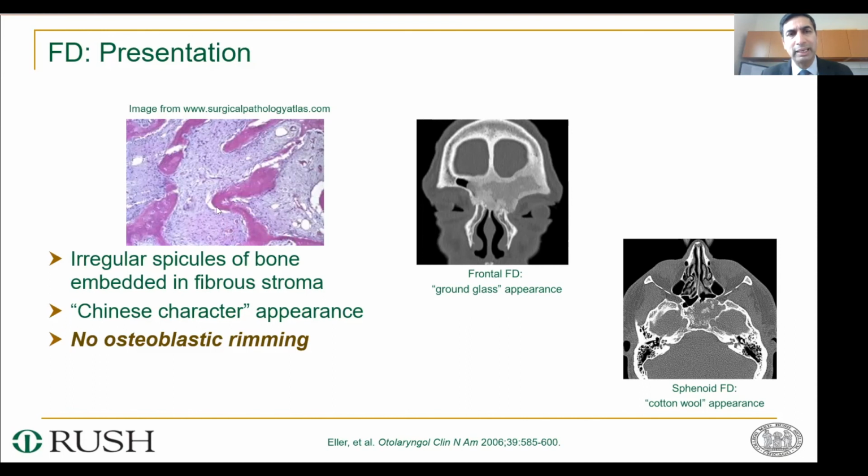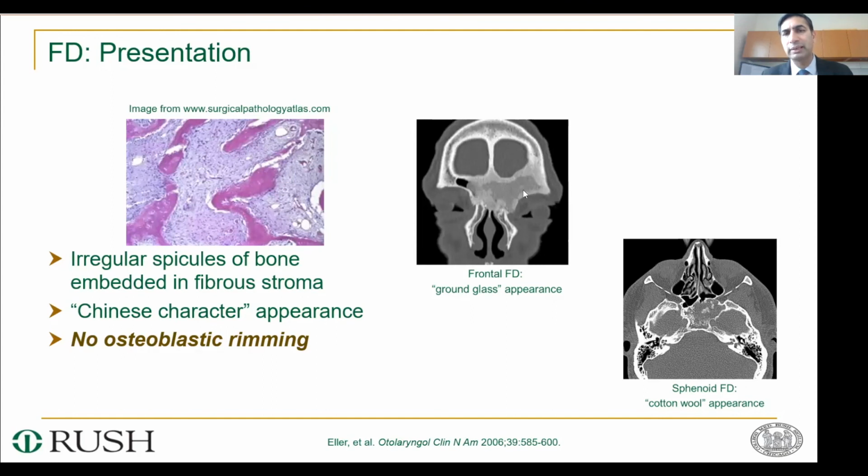If you had an ossifying fibroma, you would expect to see osteoblastic rimming present here. And that's really the key differentiating feature between fibrous dysplasia and even osteoma relative to ossifying fibroma.